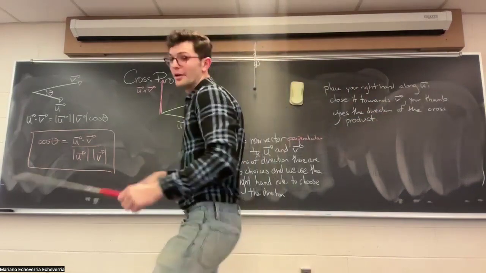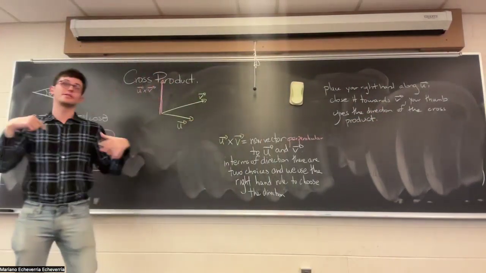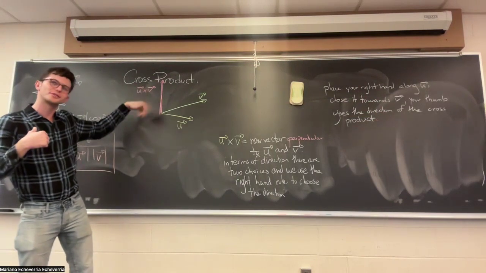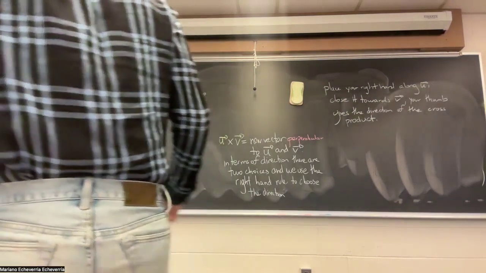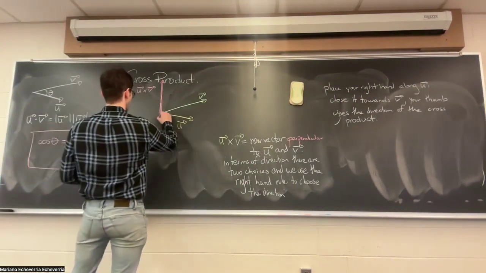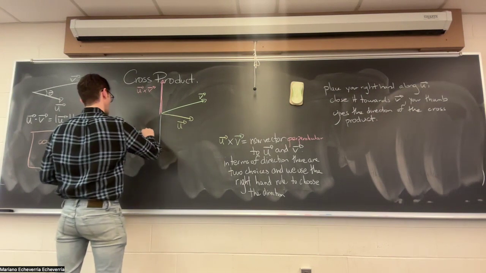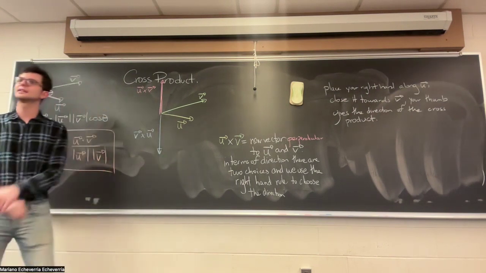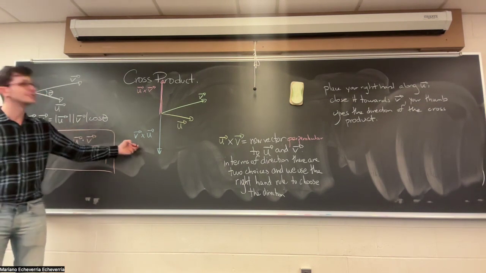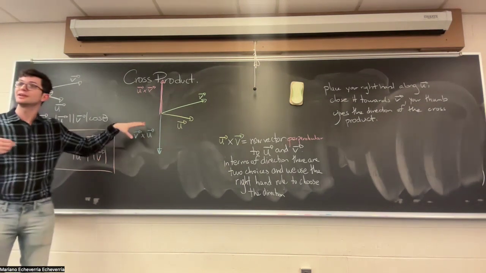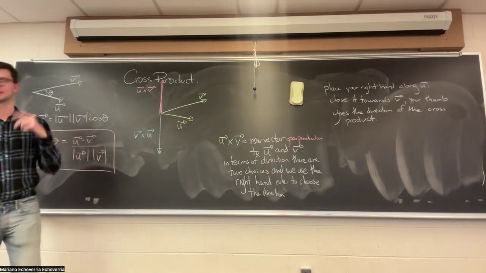So in the picture, the other natural perpendicular vector ends up being V cross U. Is that making sense? Which gives you the conclusion that V cross U is minus U cross V, because you just reverse the direction.